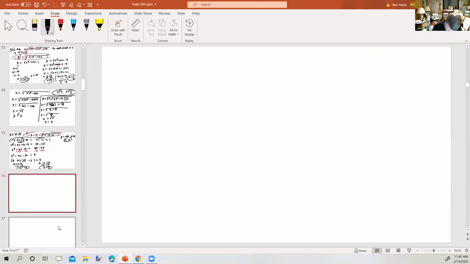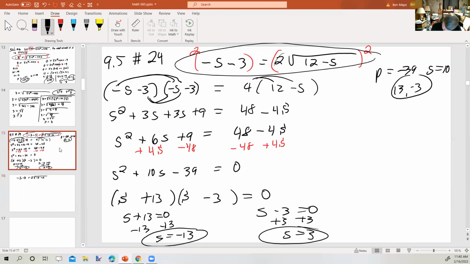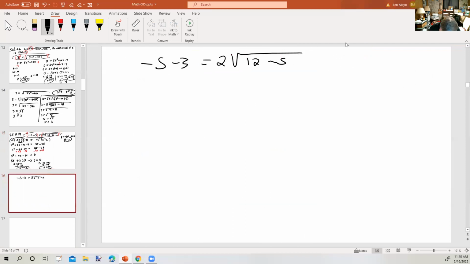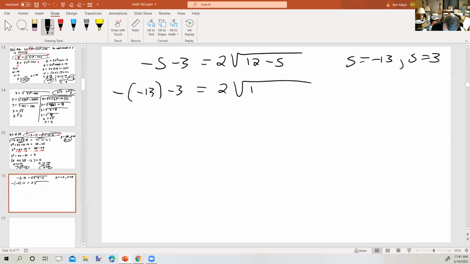So we've got negative s minus 3 equals 2 times the square root of 12 minus s. And our two solutions were s equals negative 13 and s equals 3. So let's check them. If s is negative 13, I get negative negative 13 minus 3 equals 2 times the square root of 12 minus negative 13.